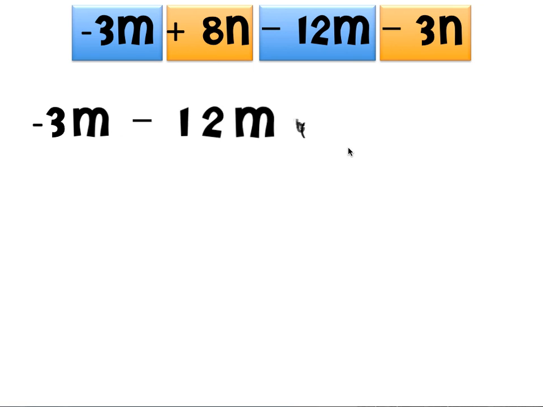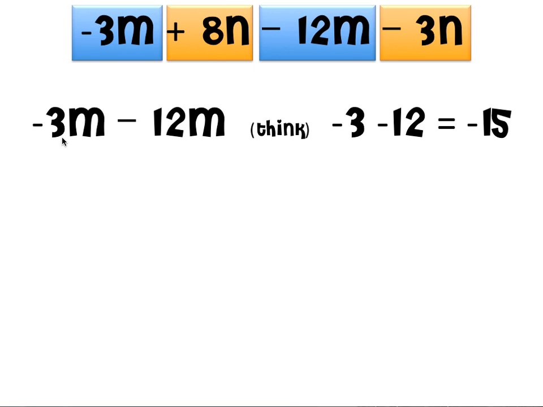So if we use that idea, we're going to take the negative 3m and combine it with the negative 12m, thinking about negative 3 minus 12, which gives us negative 15. Notice we're thinking of putting these 2 sets of monkeys together, the 2 terms right next to one another.